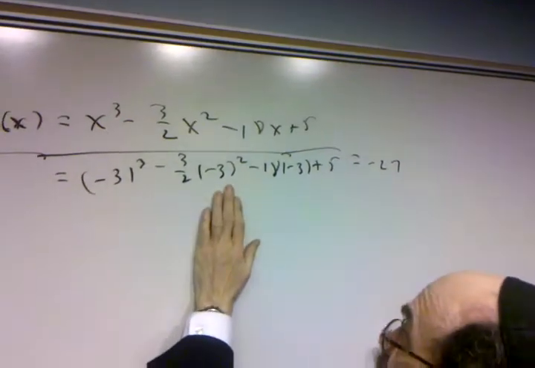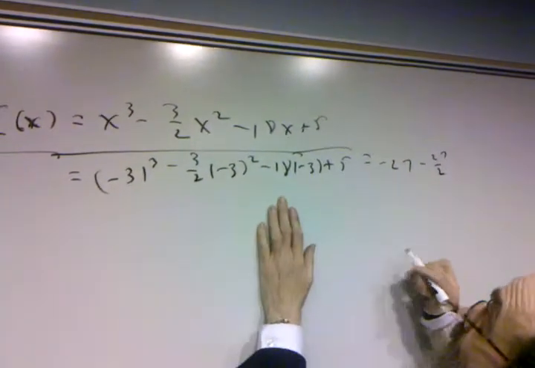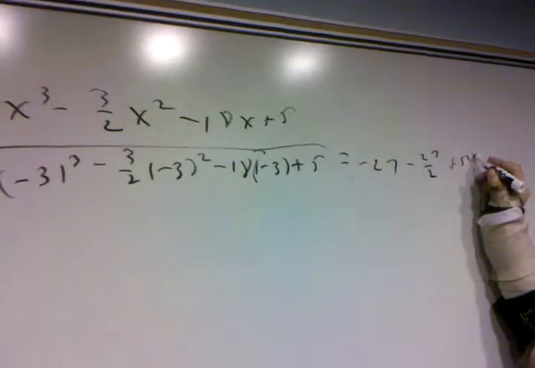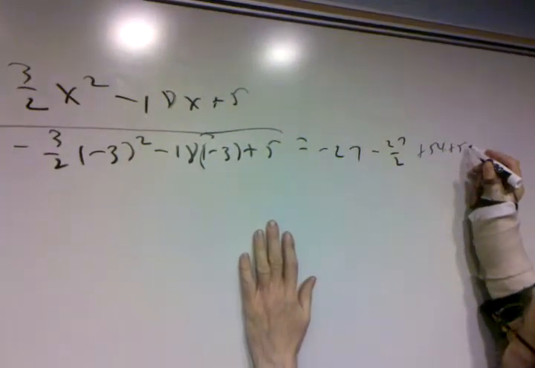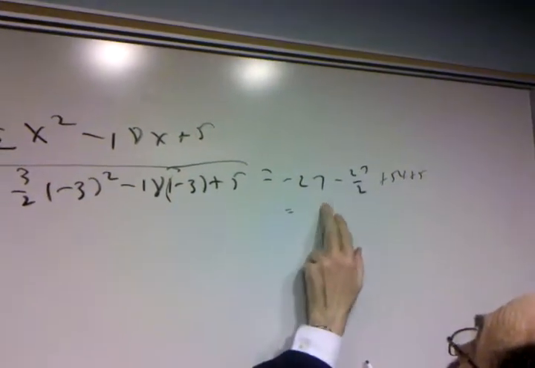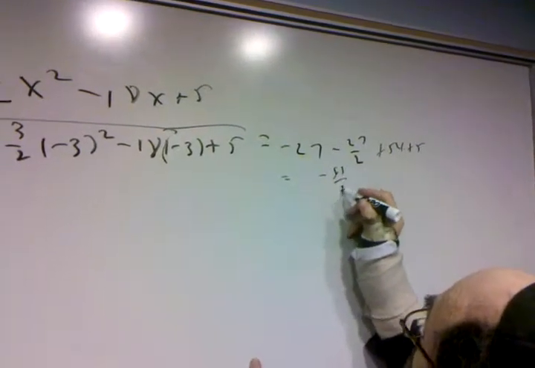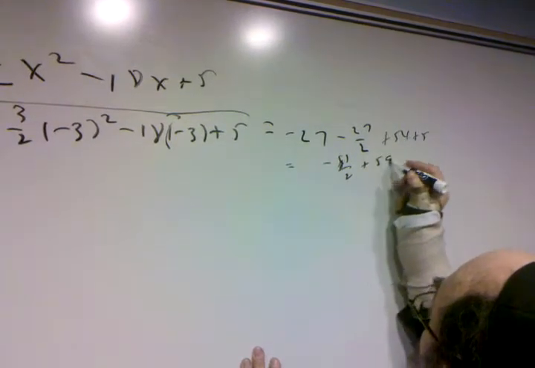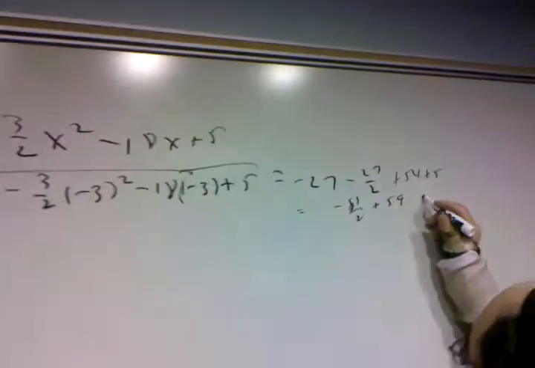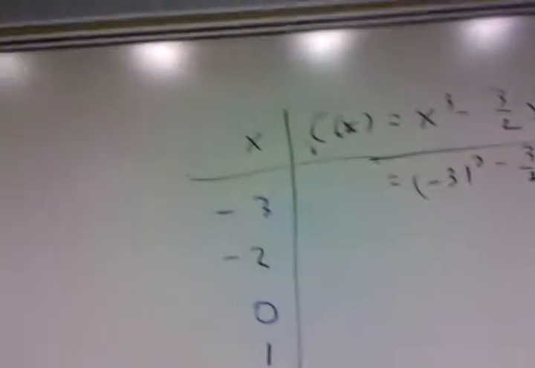Then minus 3 halves times 9 is minus 27 over 2. Minus 18 times negative 3 is plus 54, plus 5. Negative 54 over 2 and negative 27 over 2 is negative 81 over 2, which is minus 40 and a half. Plus 59 gives 18 and a half. So that's the value right here, 18 and a half.